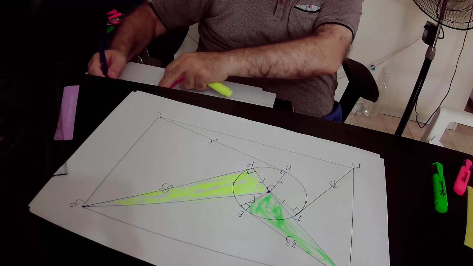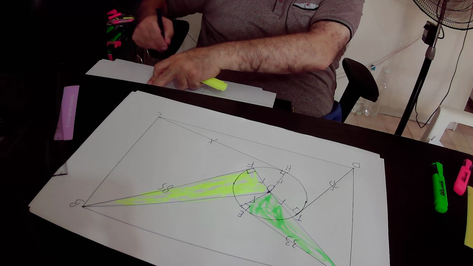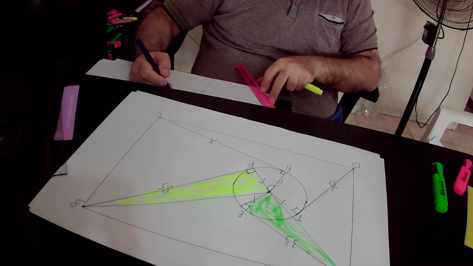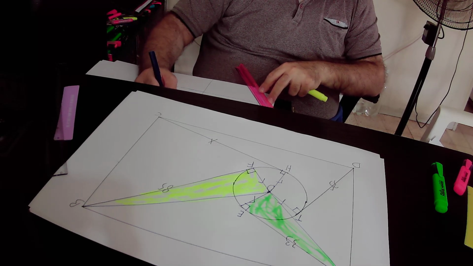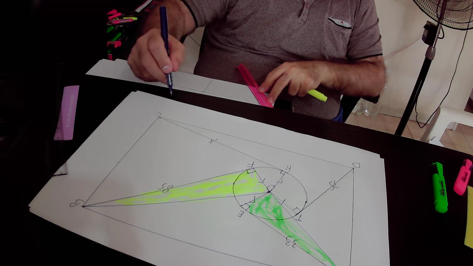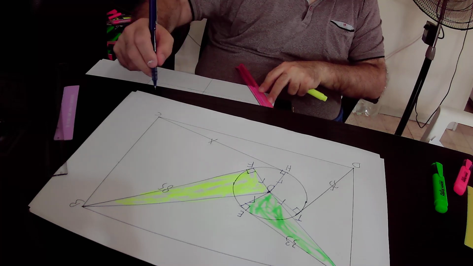In the next step, we will join points C and O together by a straight line.